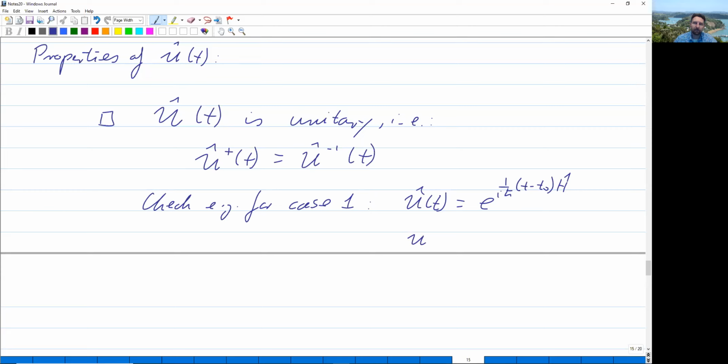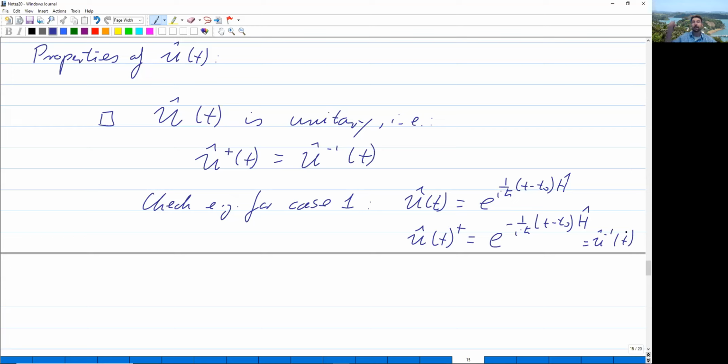And then we have that u hat dagger of t is e to the power of minus 1 over i h bar (t minus t naught) h hat. And this is indeed the inverse of u hat of t.